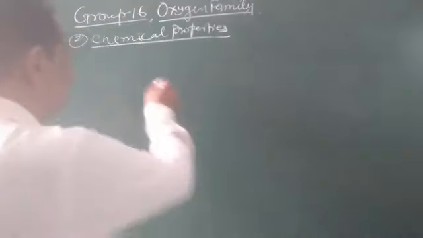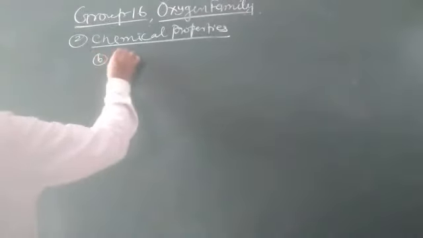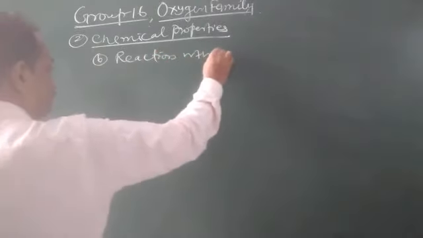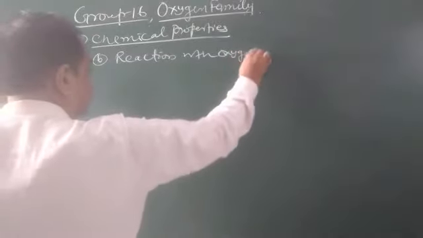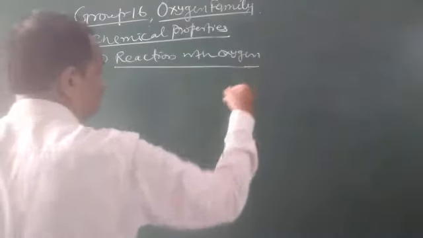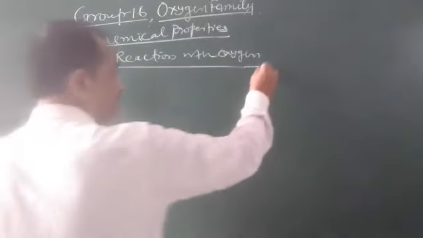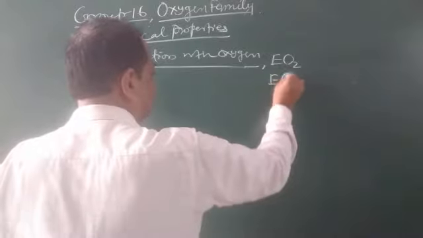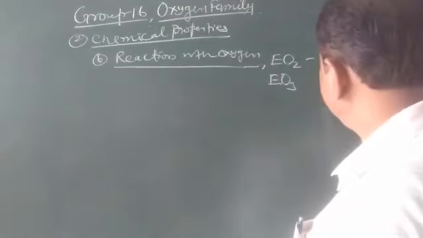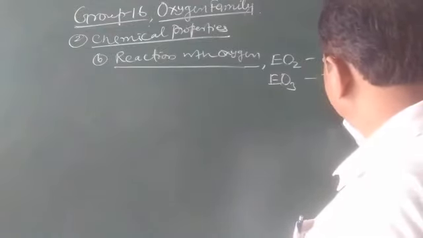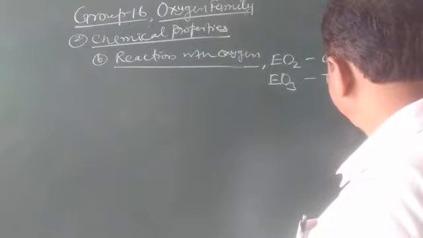Now next is reaction with oxygen. Members of this family form two types of oxides, EO2 and EO3, where E is the element. This is dioxide, and this is trioxide.